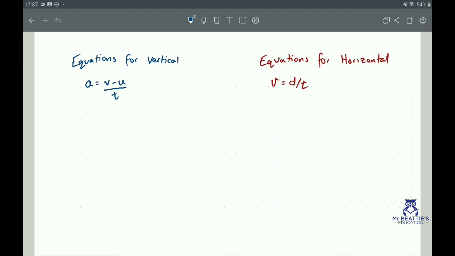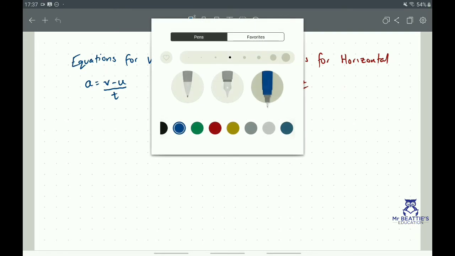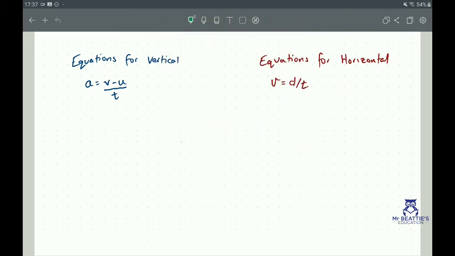Okay, what we're going to do when we're solving these questions is set up what I call a t-table. And if we set it up as a t-table, we'll have vertical on one side and horizontal on the other. Okay, and in the vertical you'll have an initial speed and a final speed, because it's speeding up towards the ground.